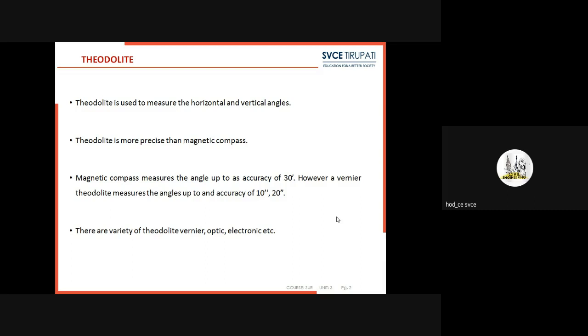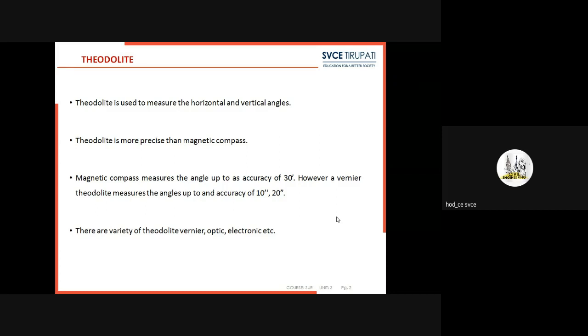Whereas compared to the compass, we have only 30 minutes as the least count. Whereas in our theodolite, I mean in our laboratory, the least count of the theodolite is 20 seconds. If you want more accuracy, go for 10 seconds. That means the cost will increase, right?